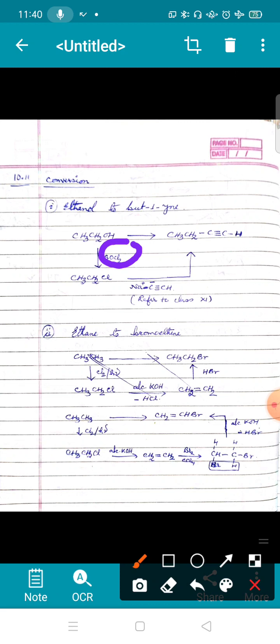Earlier also we discussed that the byproducts formed during the reaction get evolved into the atmosphere, so there is no extra step for separating the mixture. That's why we have chosen SOCl2. But if you wish, you may write zinc chloride and HCl, that is Lucas reagent, or PCl5 or PCl3, whatever. So the OH gets replaced by Cl.